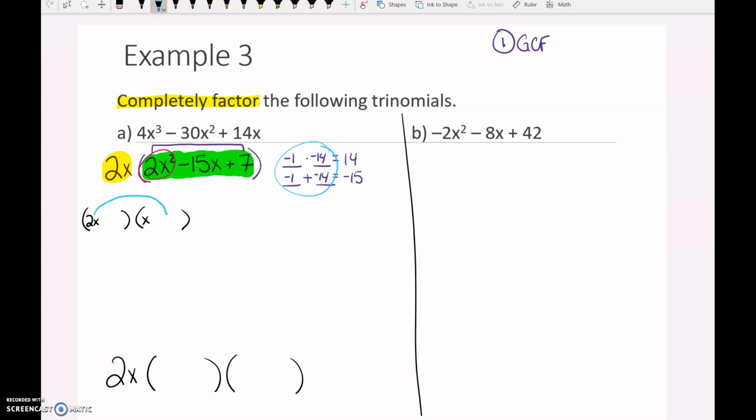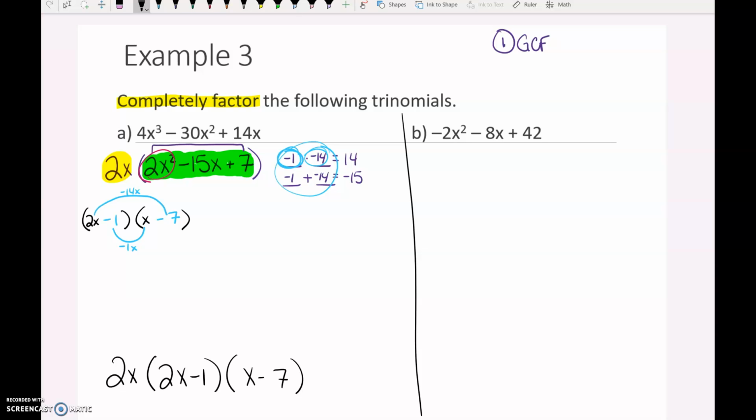Not going to be -1, probably going to be -14. So this needs to be -14x. 2x times -7 would give me -14x. Then these two would have to multiply to give me -1x. So x times what is -1x? -1. My factored form is 2x, and then 2x minus 1, x minus 7.